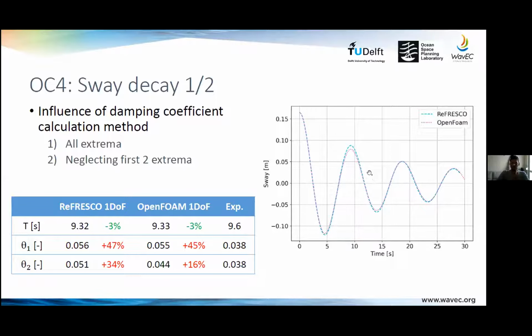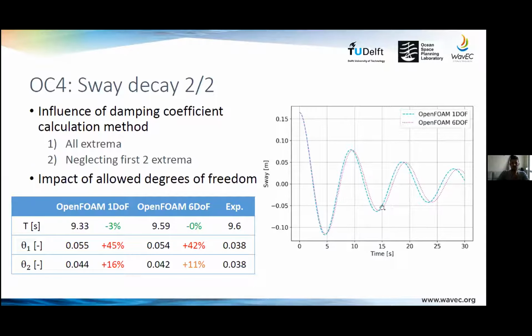But it is not only the calculation method of the damping, it is also the amount of degrees of freedom that we allowed. In the first test, we only allowed 1 degree of freedom because we didn't know the inertial properties of the platform around the other rotary degrees of freedom, but we estimated them.